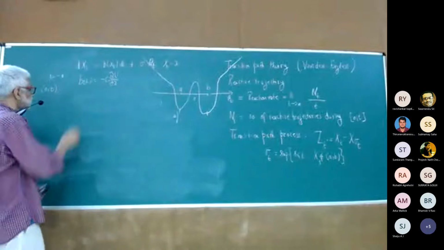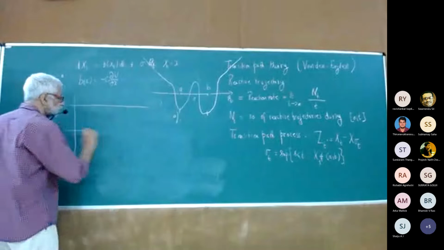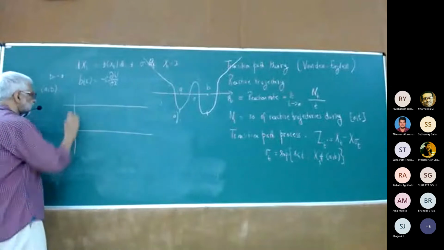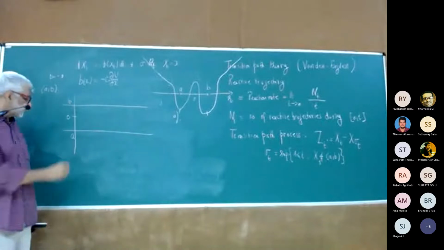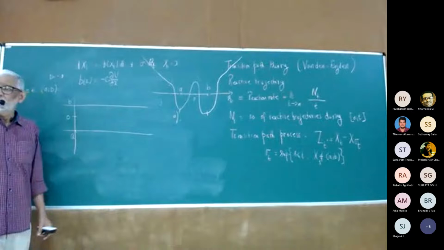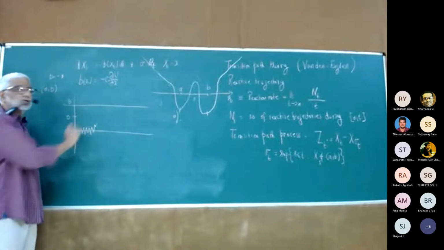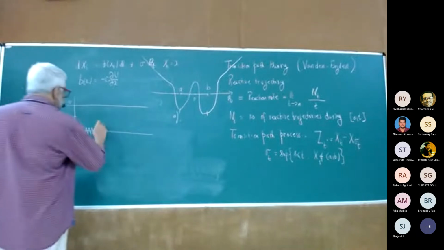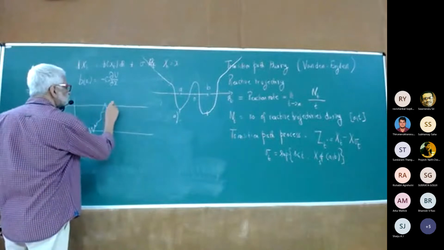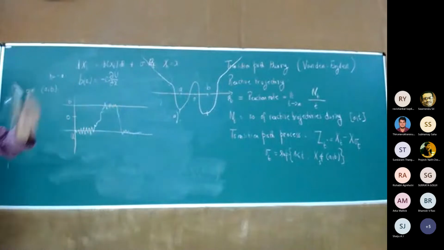So suppose here's A, B, and remember B is minus A, and the process starts off at A, and it makes certain oscillations around A, and then at some point it goes over to B, does that, and then it keeps doing this infinitely many times.